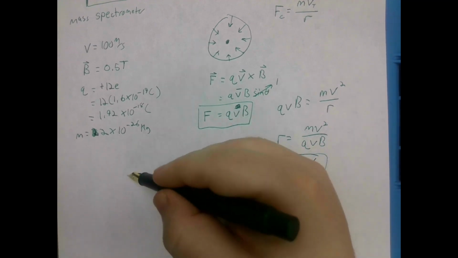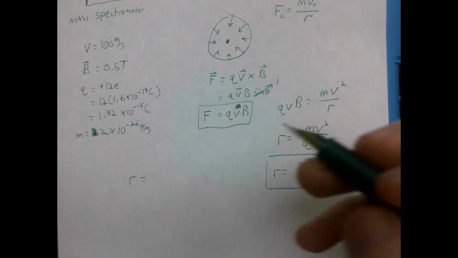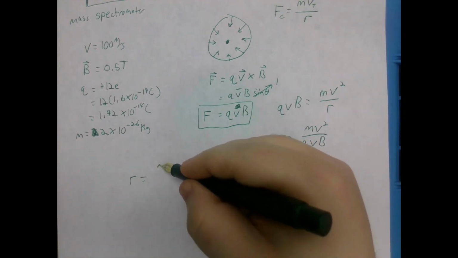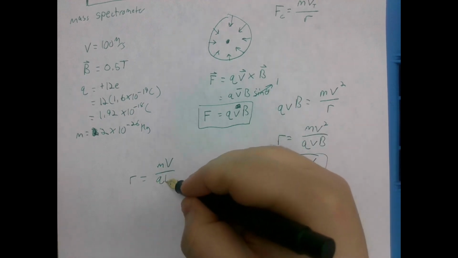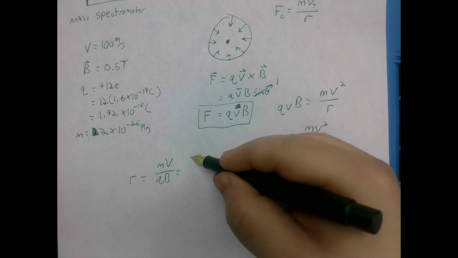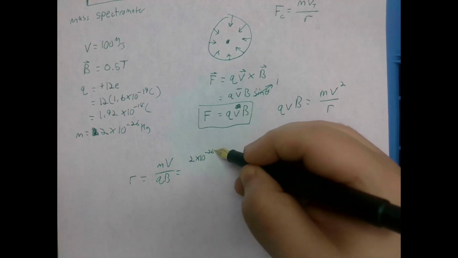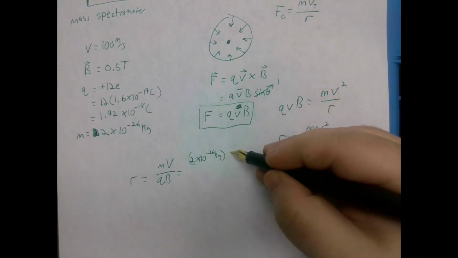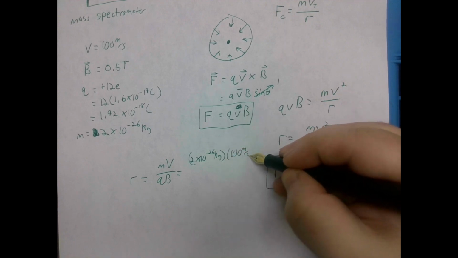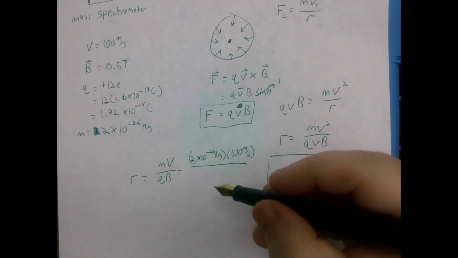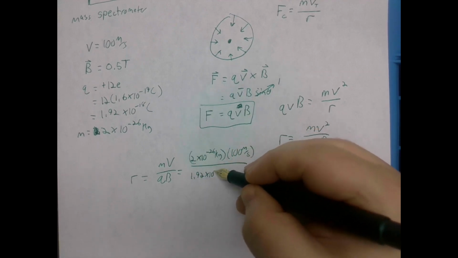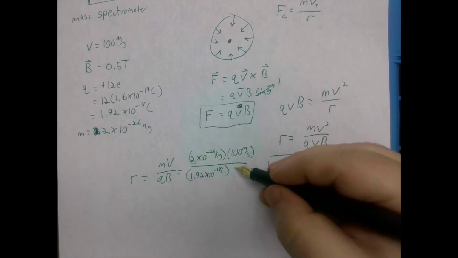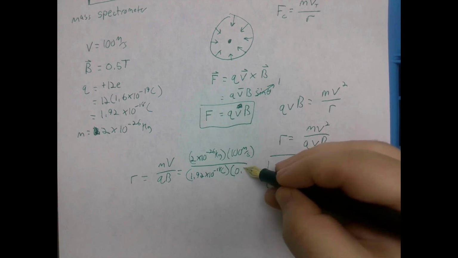So plugging in our numbers, and I have no clue if this is going to be a stupid number or not. So the mass is 2 times 10 to the negative 26 kilograms. The velocity is 100 meters per second. The charge is 1.92 times 10 to the negative 18 coulombs. And the magnetic field is 0.5 Tesla.